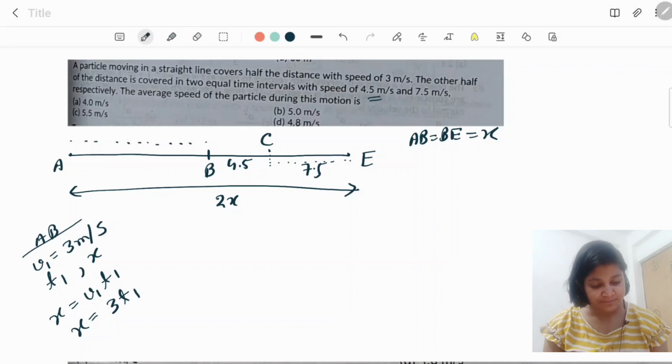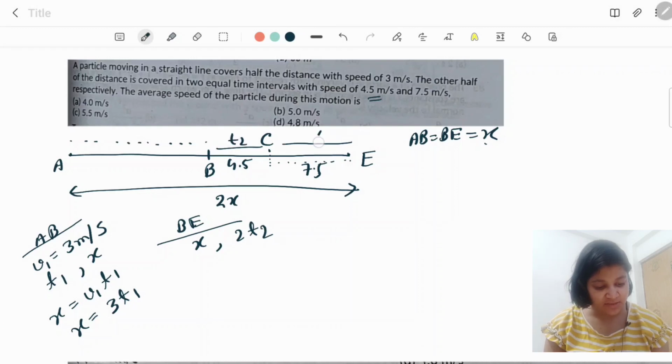Now the distance from B to E is x meters, and the time taken to cover BE, let me call this 2t2. So the time taken to go from B to C is t2, and from C to E is t2, as per our question, 2 equal time intervals.